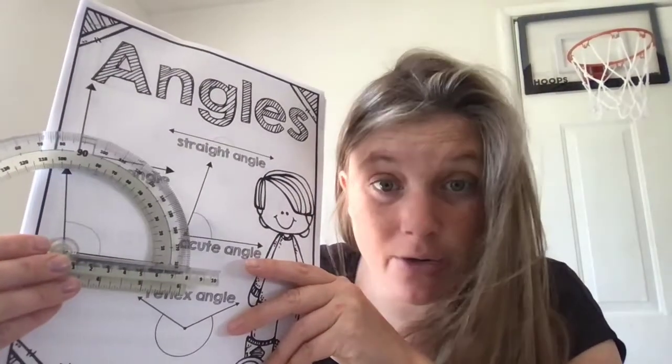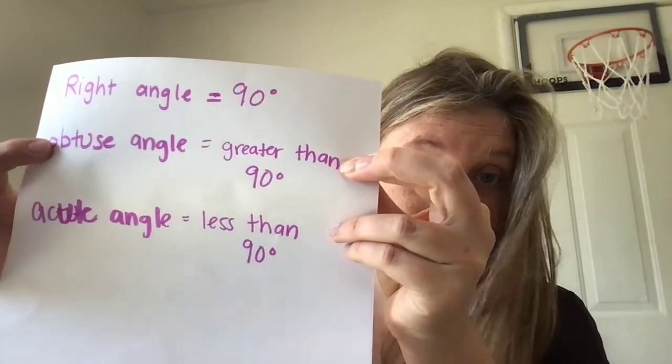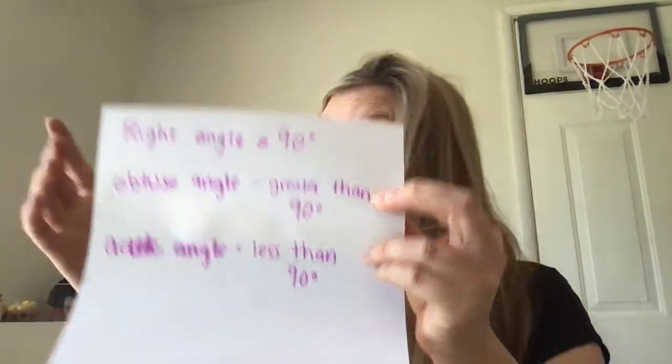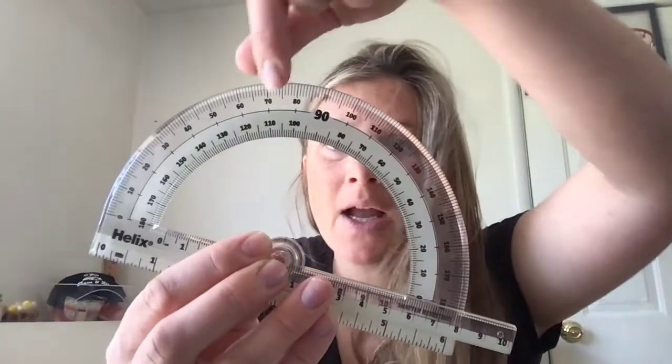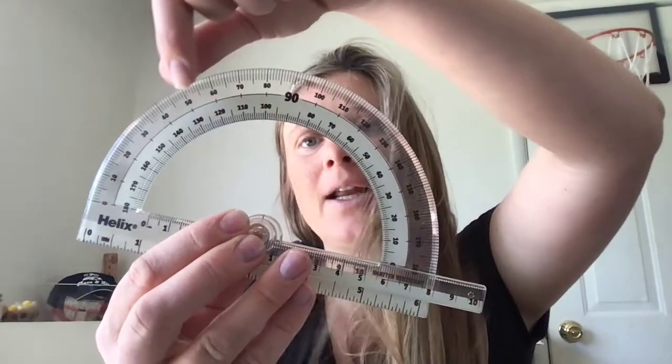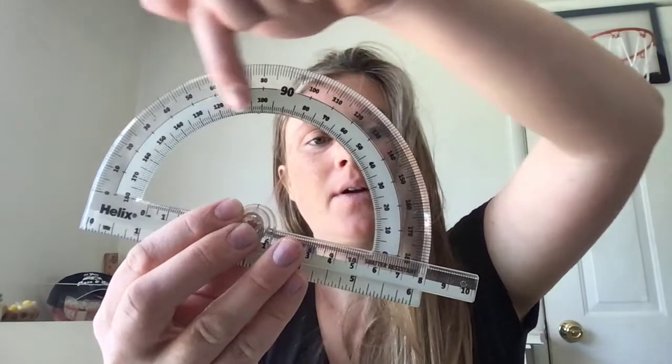More than 90 degrees, right? So obtuse angles are greater than 90 degrees. And they can be anything greater than 90 degrees. So an obtuse angle could be 100 degrees, 110, 120, 130, any of those.